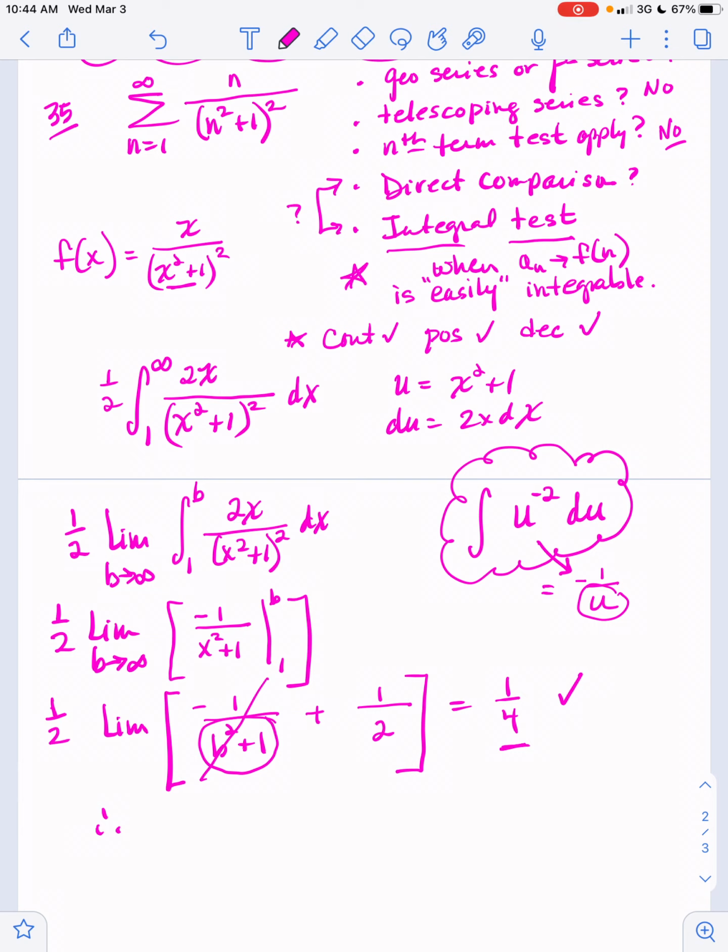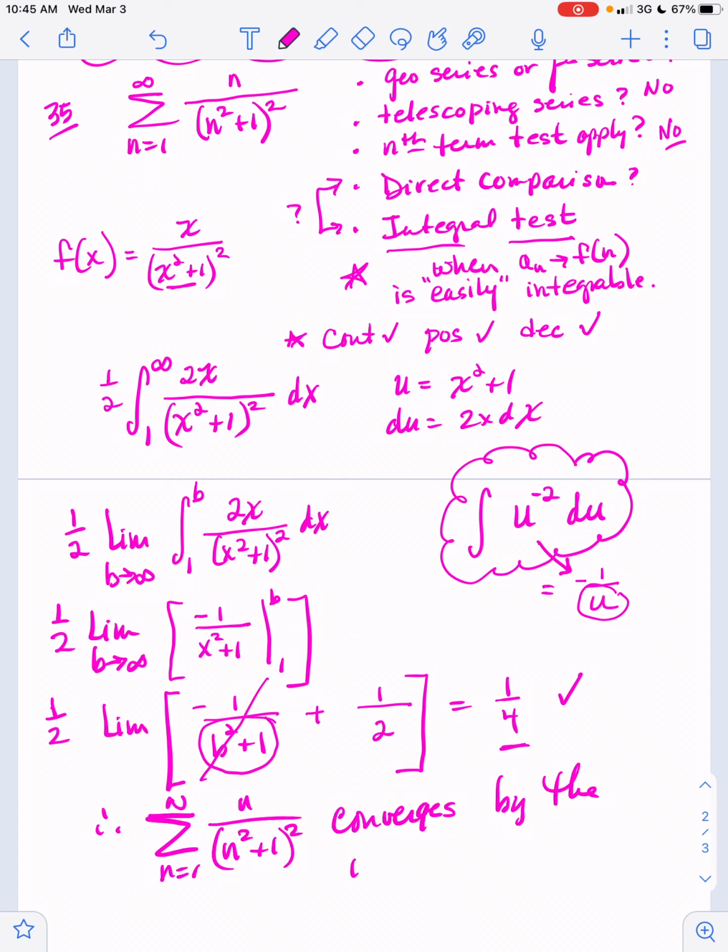Because the improper integral converged to 1/2, that means that the original series converges. Therefore, n over n squared plus 1 converges by the integral test. Yes, this is a lot of work for this one problem.